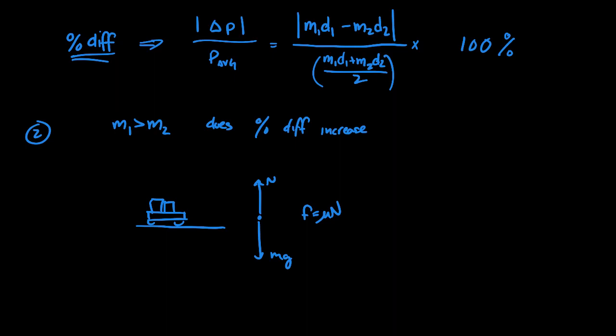You need to look. It may or may not. You'll be surprised. It's supposed to be rolling friction, which is very low, like 0.002. So look and see if when there's a large difference in mass, you see a trend in an increase in the percent difference. I'm just looking for a written response. All right?